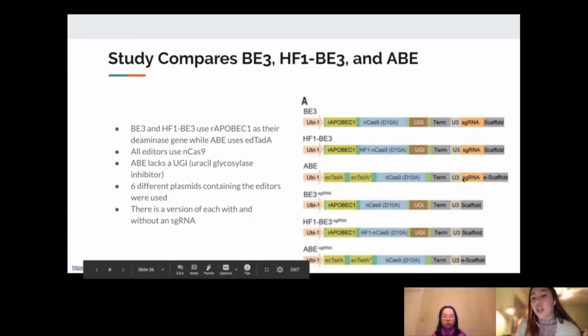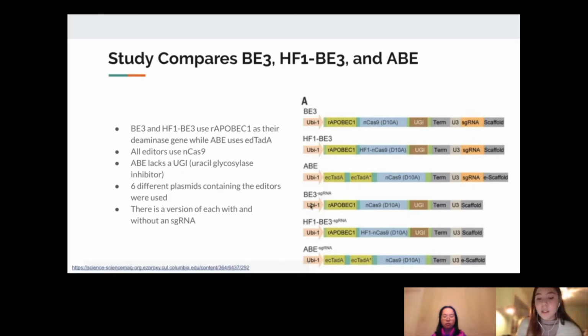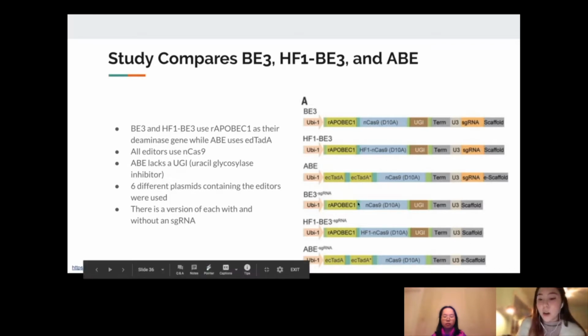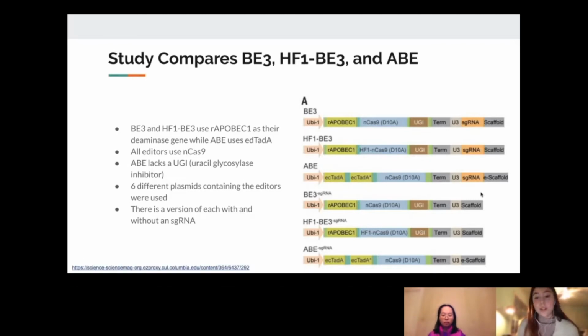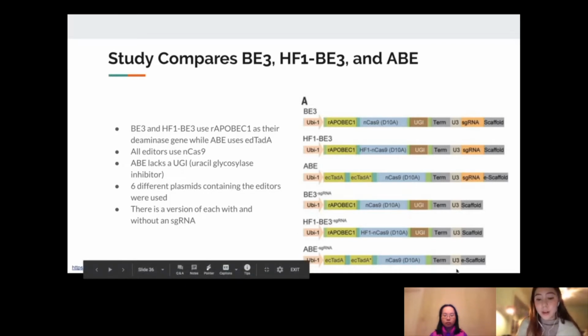Without this sgRNA portion, these 3 sections down here are not actually targeting any kind of specific sequence in the DNA. This will become important when we see the comparison between how the CBEs and ABEs that have a guide RNA, and thus the target sequence, affect the off-target DNA effects versus these base editors that do not contain a guide RNA sequence.